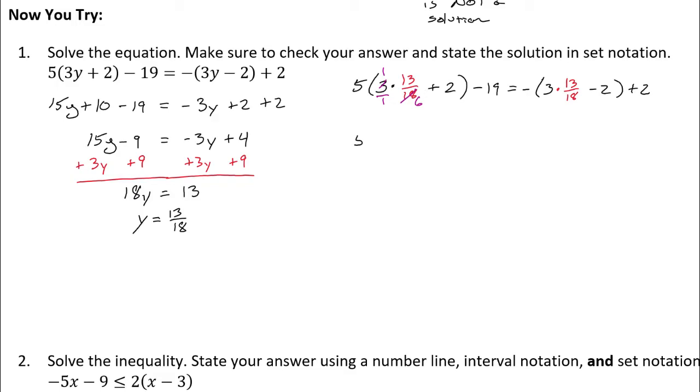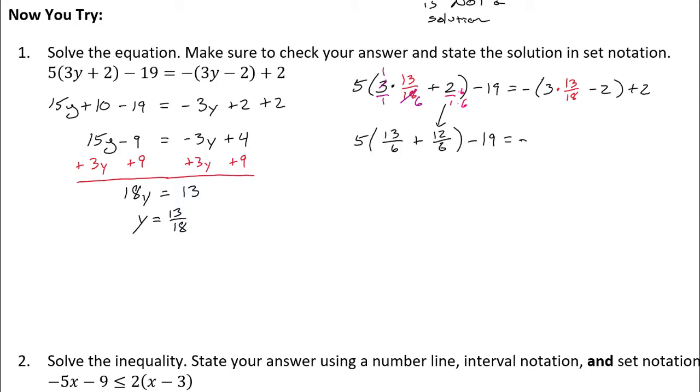So on this left side, we'll do 5 times, and now we'll have 13 over 6 plus, now we're going to want to get a common denominator to add these together, so I'm going to make the 2 into a 12 over 6, right? 12 over 6 reduces to 2. You could also think of that as multiplying top and bottom by 6 to get that common denominator. All right, let's move over, or bring down the minus 19 and go equals.